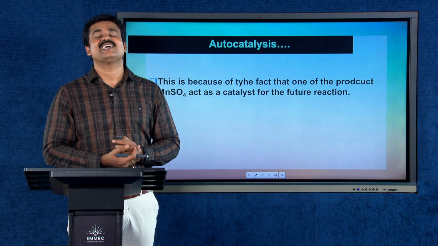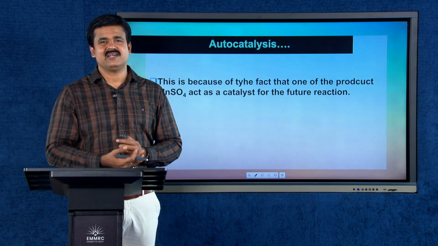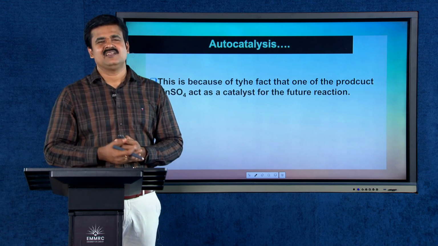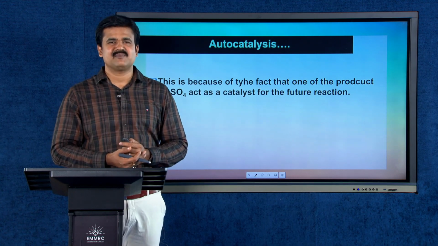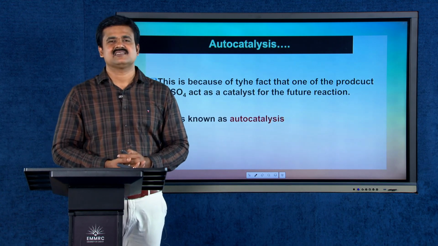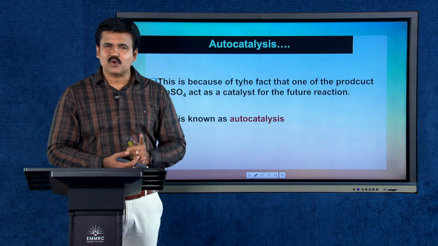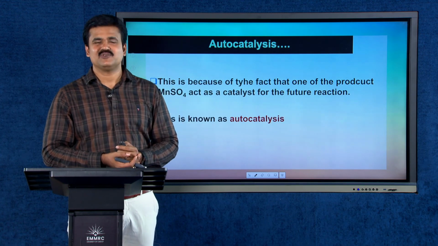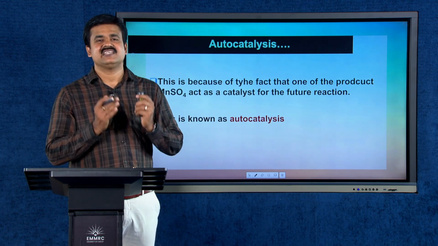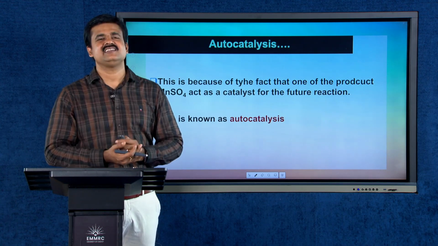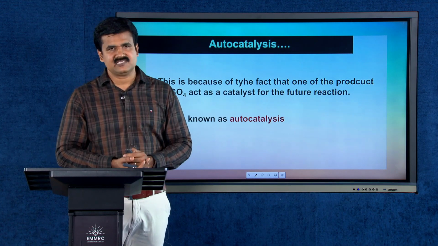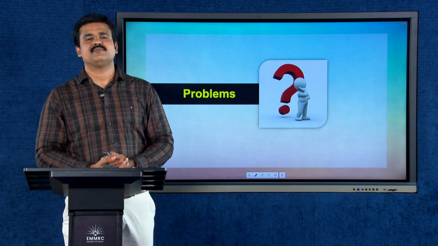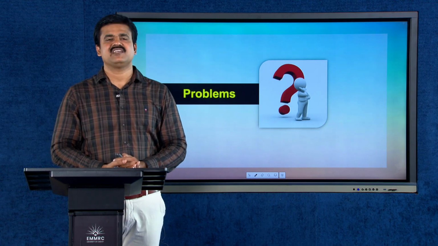That is why the reaction speeds up after some time. This phenomenon is termed autocatalysis, where one of the products acts as a catalyst for the future reaction. Now we can have some numericals based on the concepts we have learned.